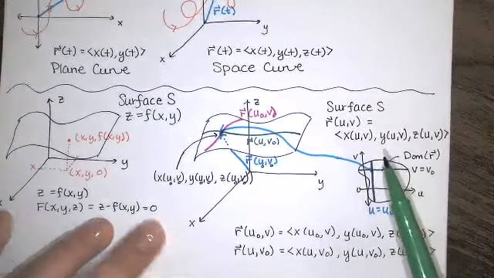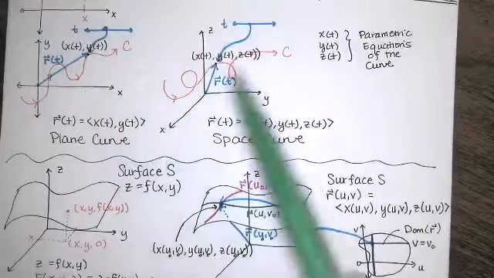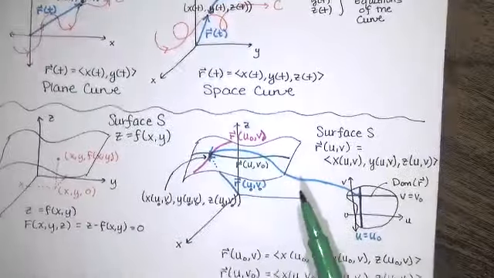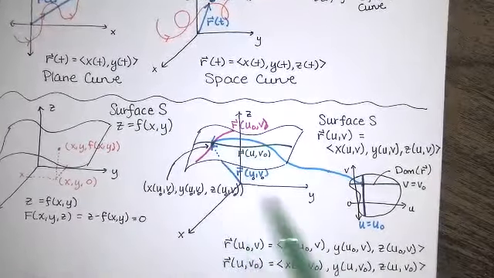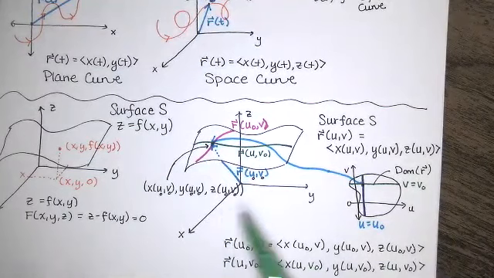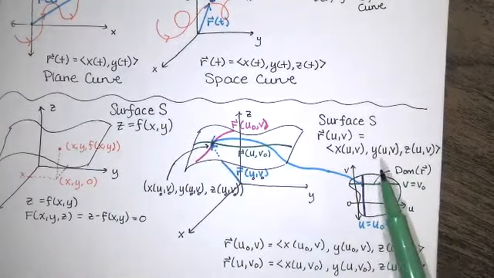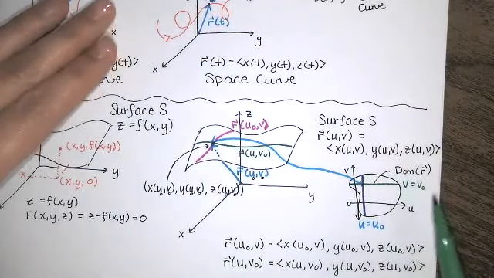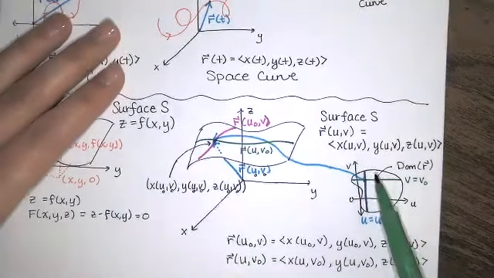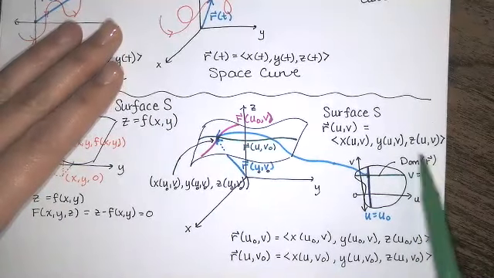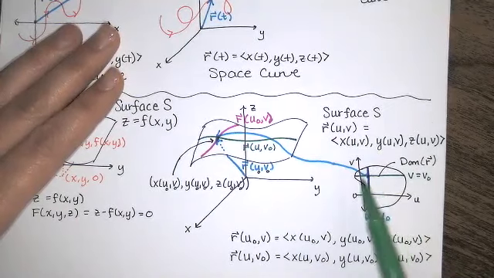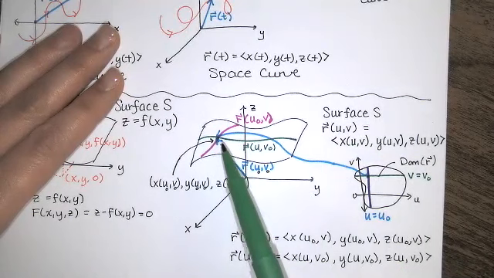Over here, we're doing something a little different, which is much more like these two parametric representations of curves. There is no UV plane pictured here. But when we have a parametric representation of a surface, we're saying, okay, for some UV in some UV plane, where the domain of R lies in this UV plane over here, for every UV pair in that domain, we want to associate that with a point.